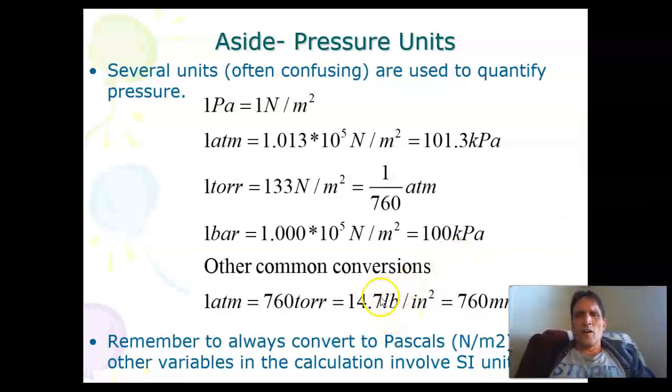Okay, so 14.7 psi is the same as 1 atmosphere, is the same as 1.013 times 10 to the 5 Newtons per meter squared.